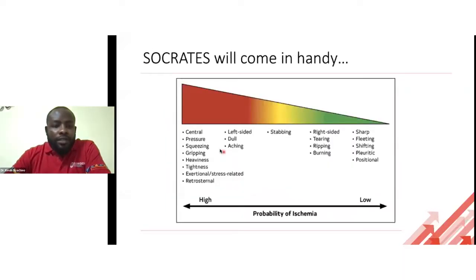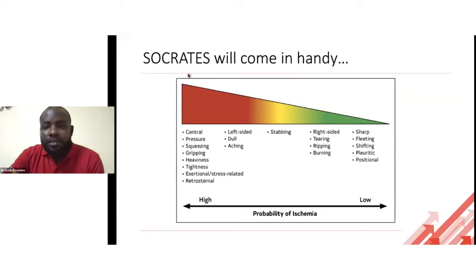Importantly, again, I think most of us during our undergraduate training were told about this mnemonic, SOCRATES. It comes in handy when you're trying to evaluate the chest pain of your patient: the site, the onset. What kind of pain is it? Is it radiating?